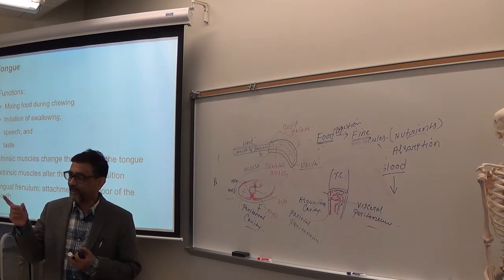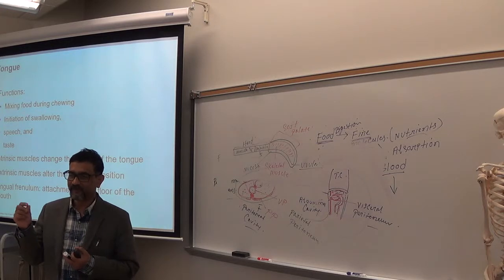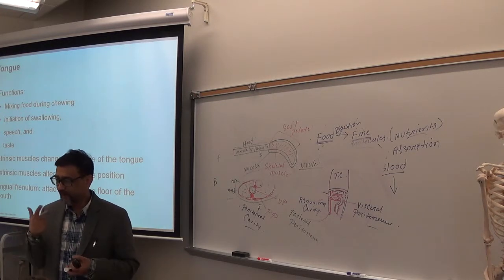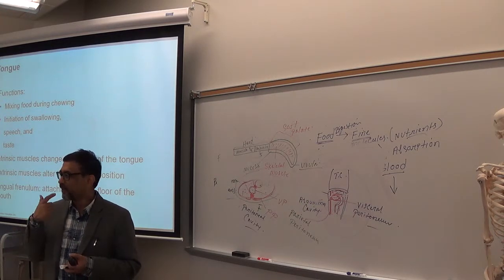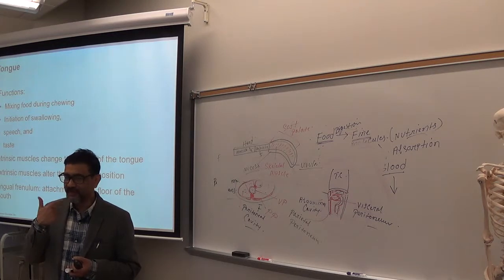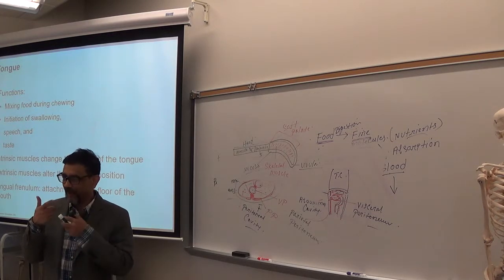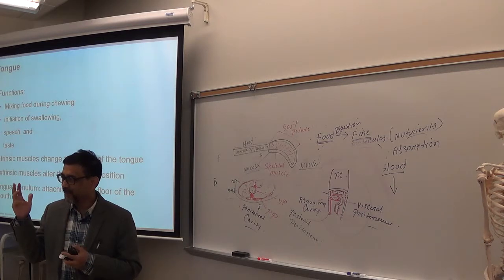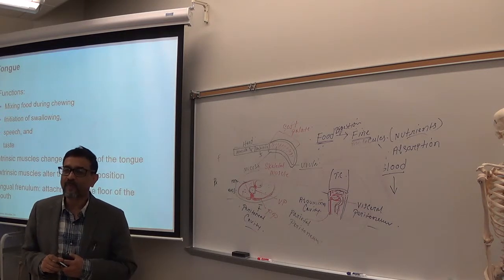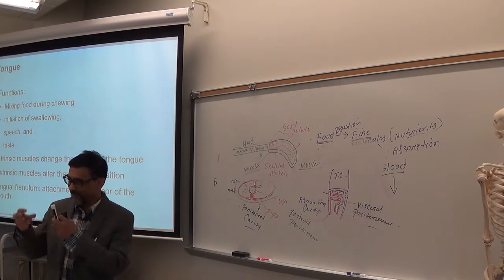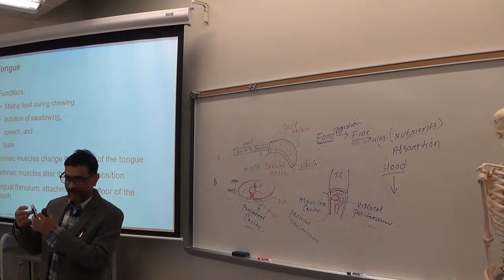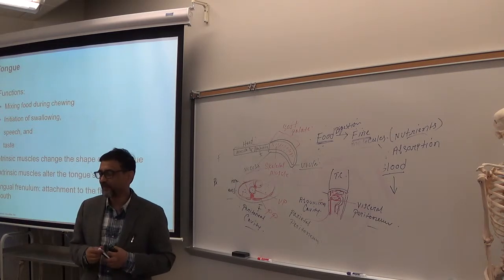By moving your tongue, you talk, number one. Also, you mix the food with saliva by the movement of the tongue. You make food bolus by mixing the food and saliva. Make sense?